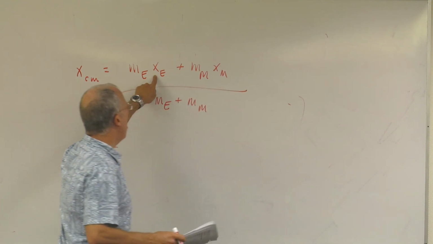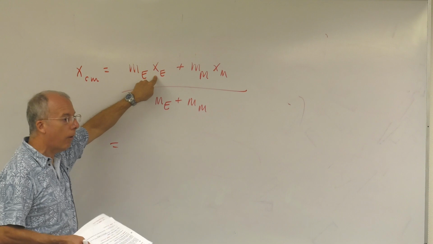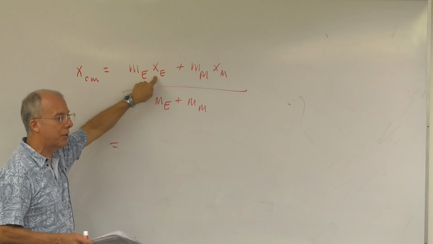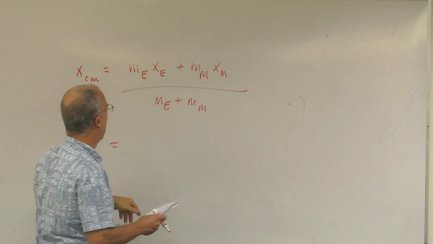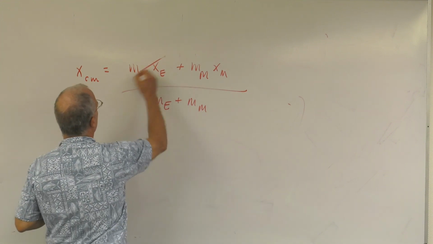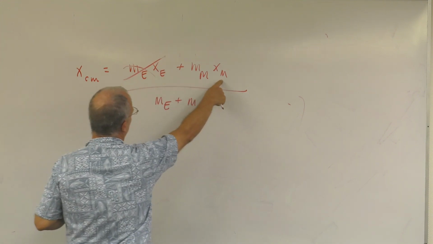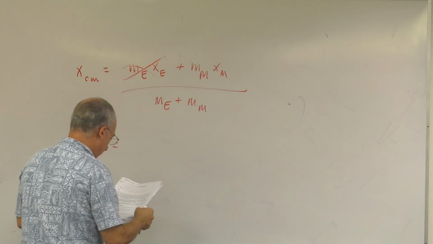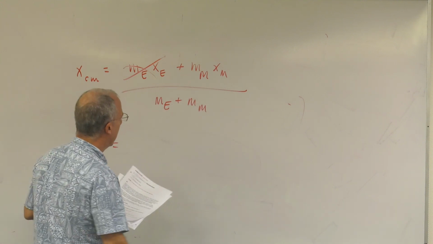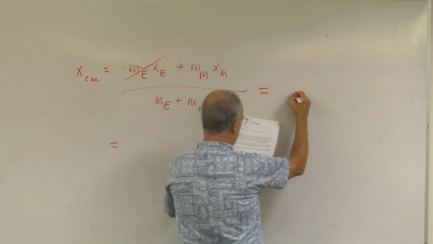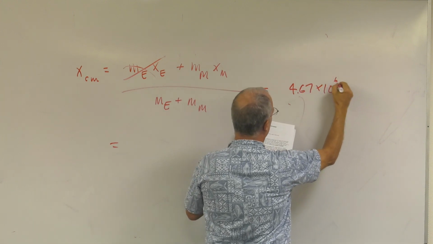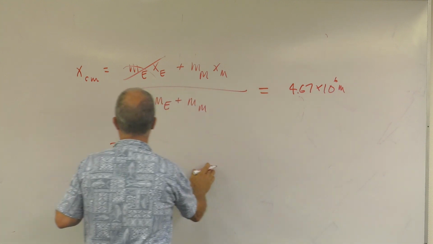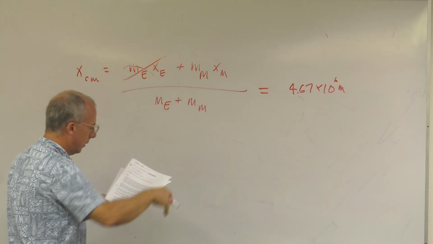So X Earth is the center of the Earth, the origin, to the center of the particle, which is the center of the Earth, so it's 0, right? So that just wipes out. So we just have mass moon, X moon, over the total mass. So that's all you have, okay? And so if you work that out, I'll let you do that. 4.67 times 10 to the 6th meters, okay? Because this is just 0. That's all.